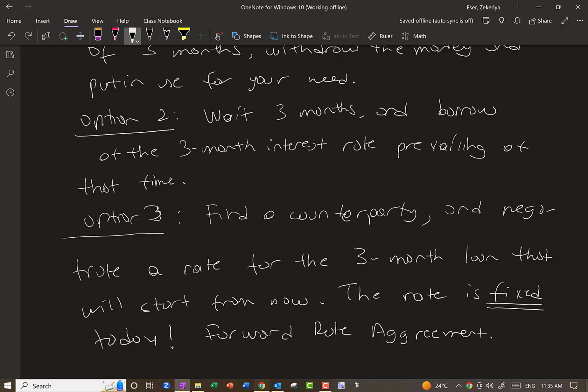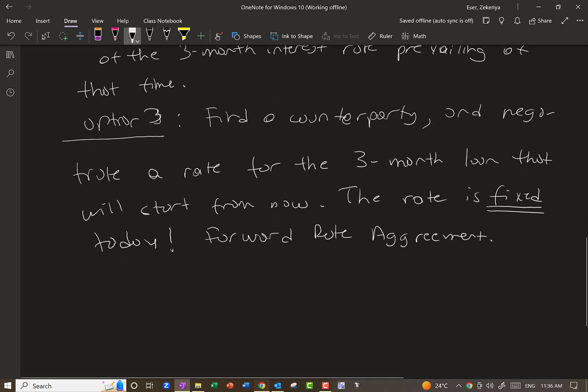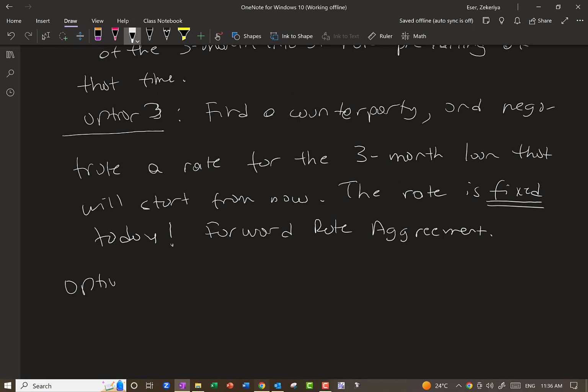If you think about it, option one and option three accomplish what we want: a fixed cost of borrowing that starts in the future.